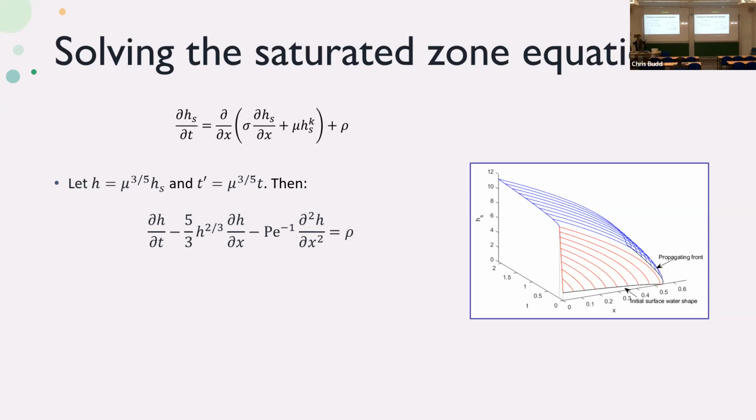And in practice, this Péclet number is extremely large. It's like 10 to the 5th. So the Péclet number to the power of -1 will be something like 10 to the -5, which allows me, at the leading order, to get rid of this term.